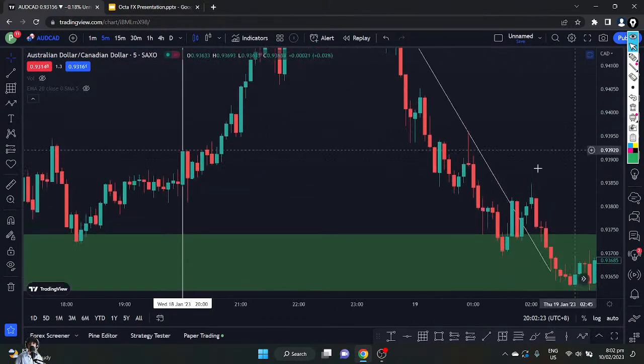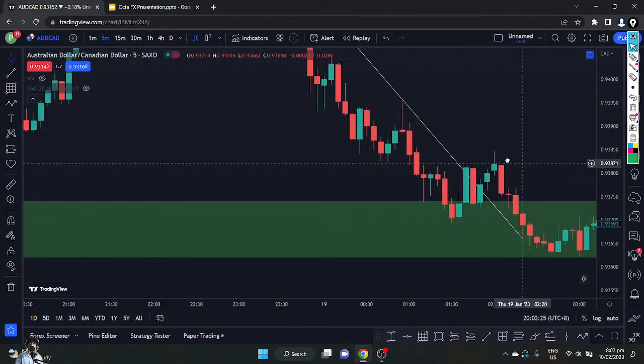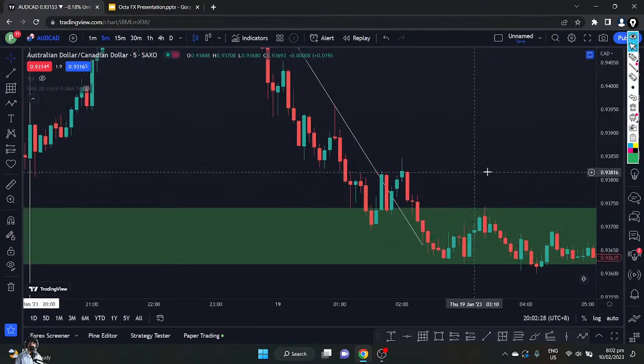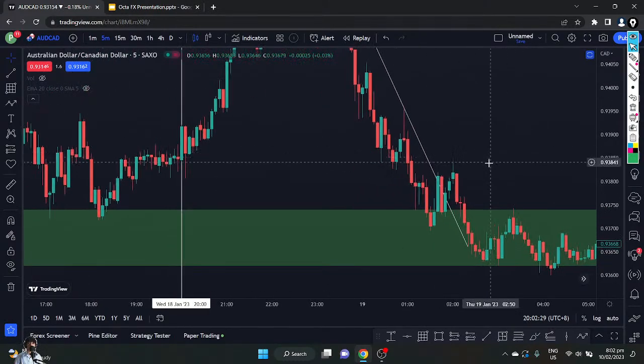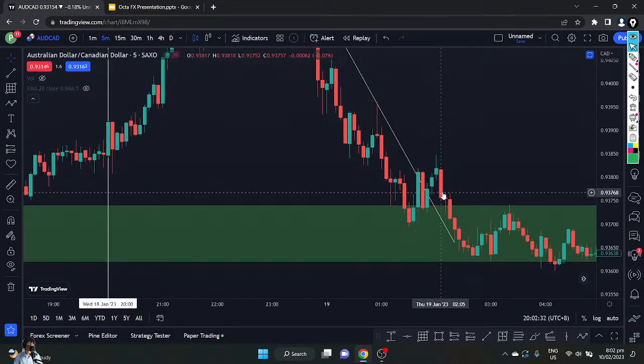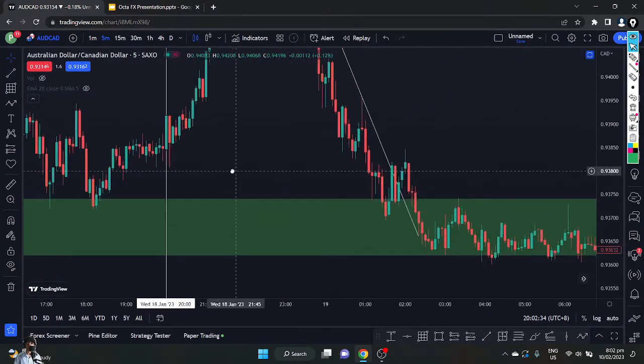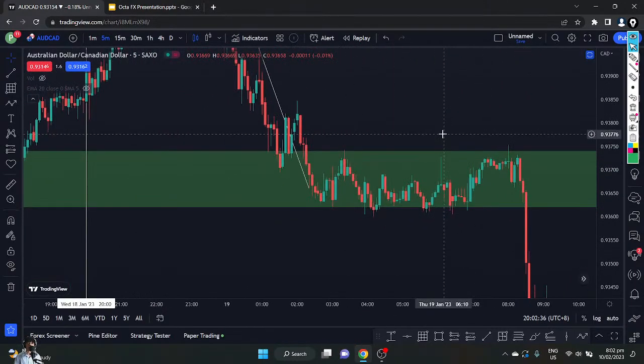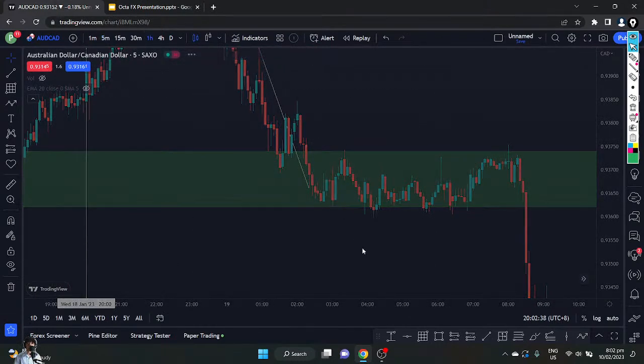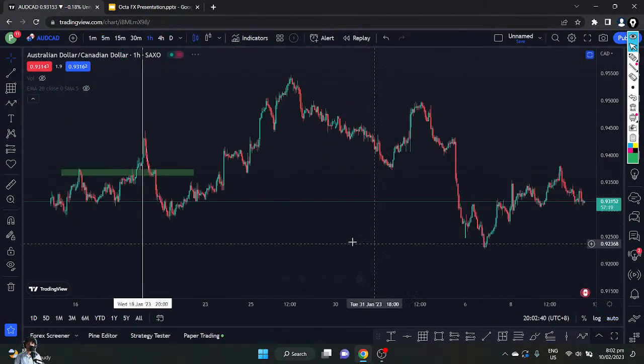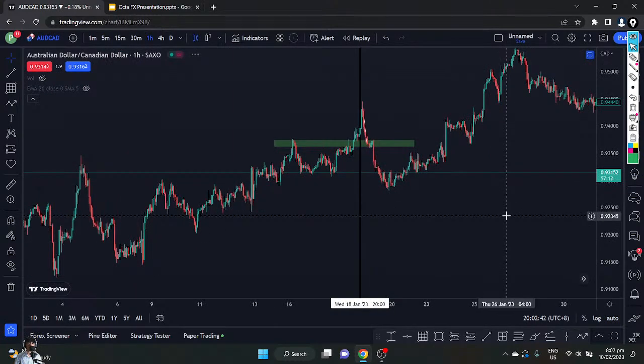So if you bought here, then clearly we can see that unfortunately the price didn't cooperate with our analysis, but you got the point. So you may start looking to trade like that if you want to trade those structures on our lower time frame.